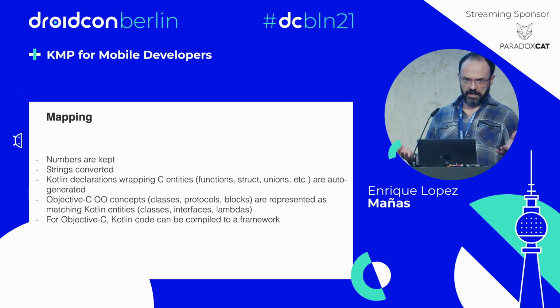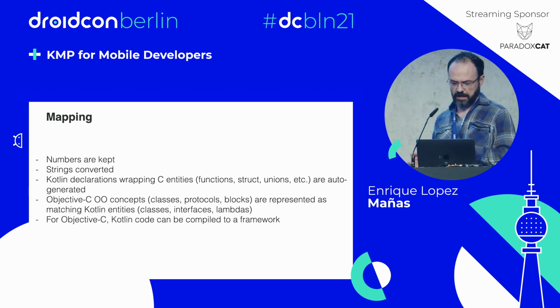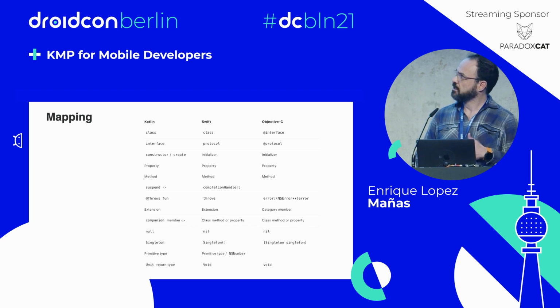Mapping. We have different things in Objective-C and Swift and Kotlin. There is generally a direct equivalent between them. So more or less numbers, integers are integers, strings are strings, the gRPC entities are auto-generated, and generally the object-oriented concepts have an equivalent between Kotlin and Objective-C. So classes are classes, protocols are interfaces, and blocks are lambdas.